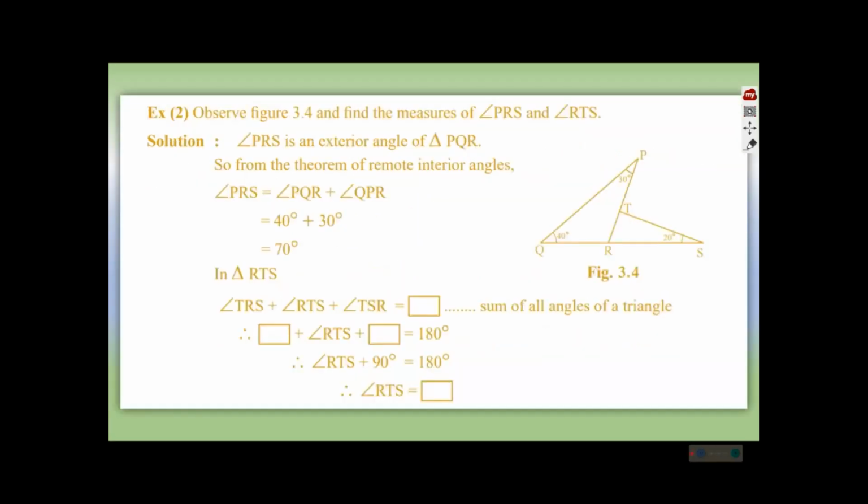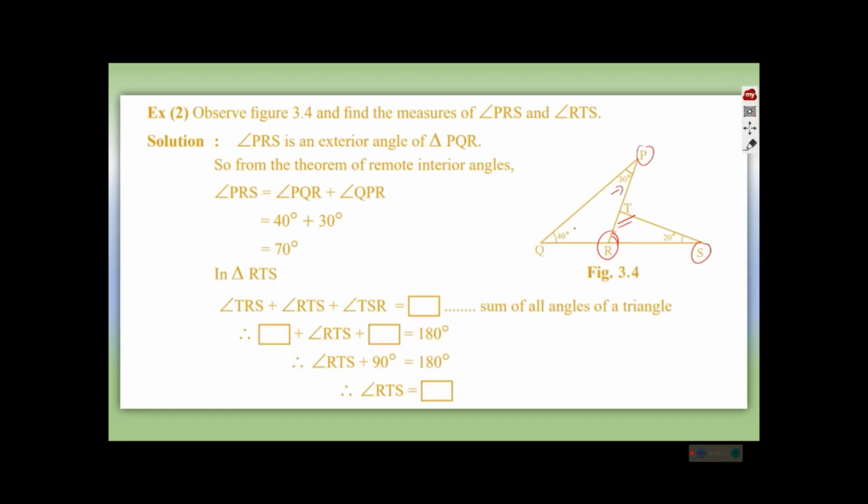Here is another example where it is given in the form of a figure. Find the measure of PRS and RTS. What is PRS? PRS and RTS. ये दोनों एंगल, ये एंगल फाइंड आउट करना है, ये एंगल भी फाइंड आउट करना है. So what we just learned and some other previous knowledge will help us. As soon as we find, we should observe the diagram.